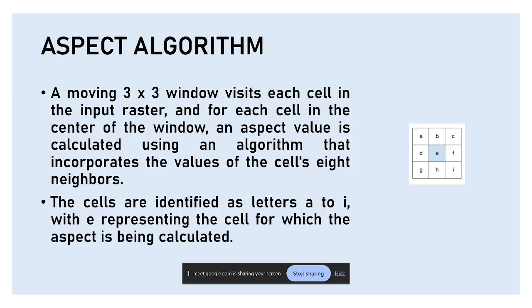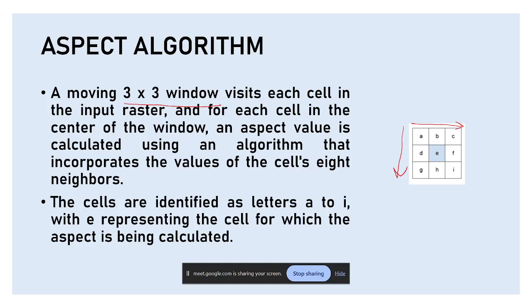So it's basically a moving 3x3 window which visits each cell in the input raster, and for each cell in the center of the window, an aspect value is calculated using an algorithm that incorporates the values of the cell's 8 neighbors. It's a big definition, but what you have to keep in mind is that it is a 3x3 window. What is a 3x3 window? You can see there are 3 cells in this direction, 3 cells in this direction. So this is a 3x3 window.